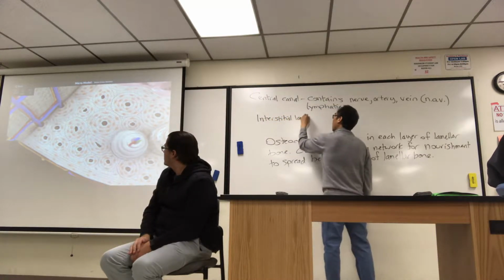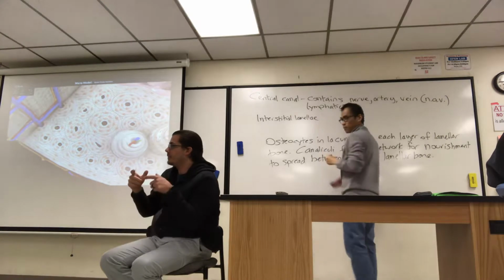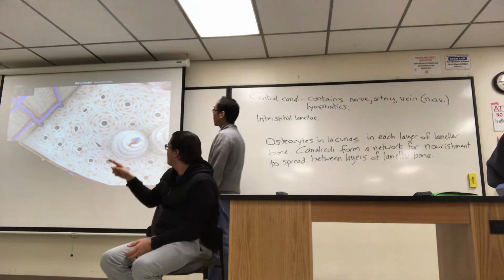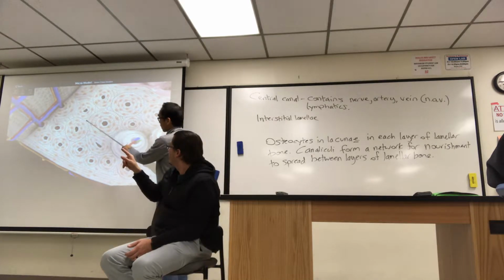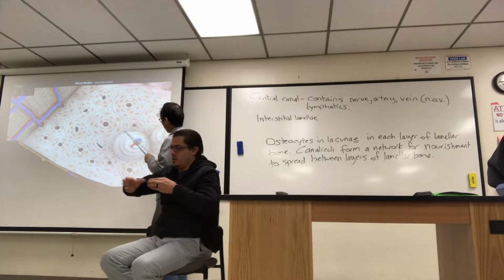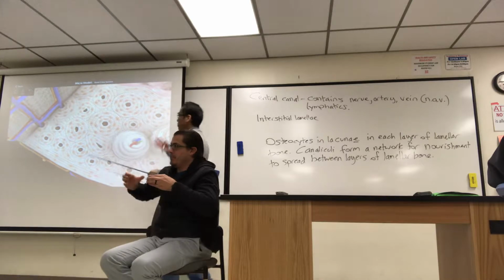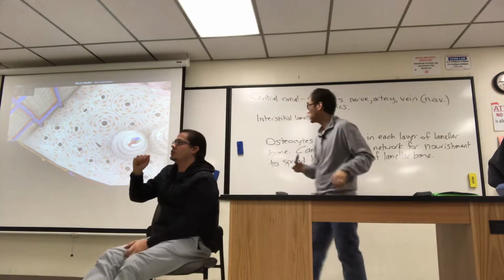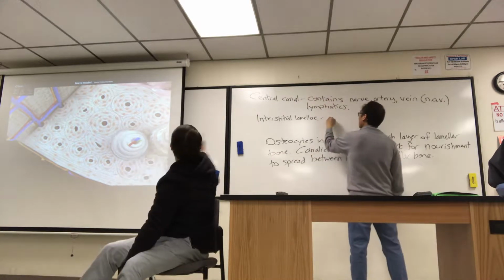Can you show one of those gaps? Yeah, I'll try to point to one. Like here, right there. See? That's a gap. There's a gap there. Anywhere just between the columns, yeah. Interstitial lamella, gap fillers.